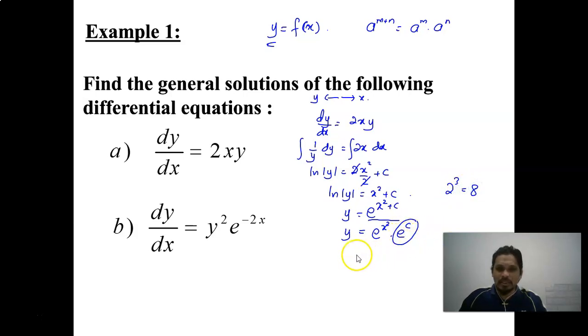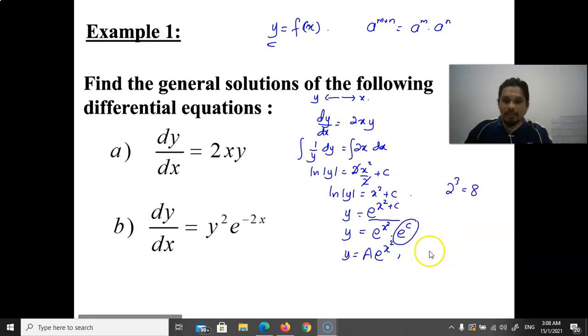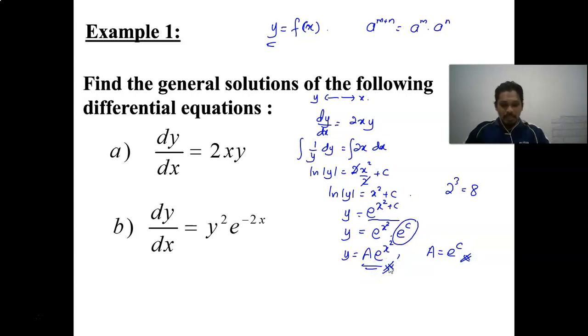So here y equals A e to the power of x squared. Let's leave a short note here where A equals e to the power of c. So this is the simplest form of the final solution for example 1a.